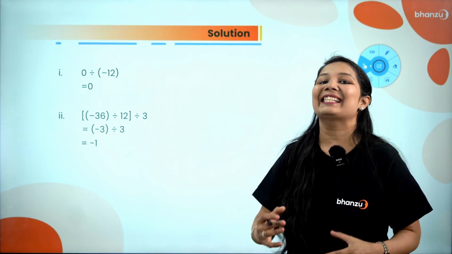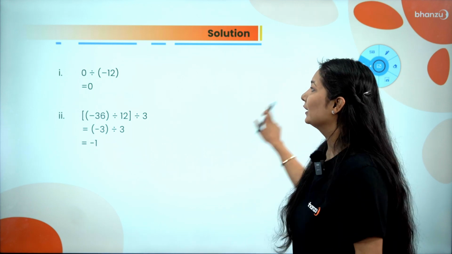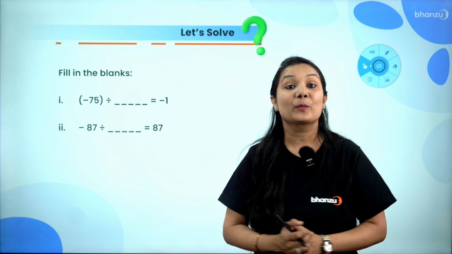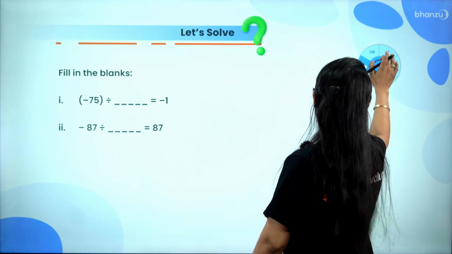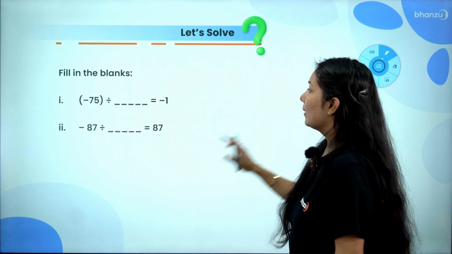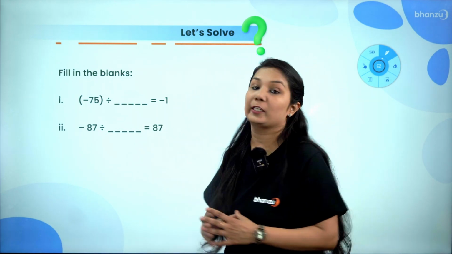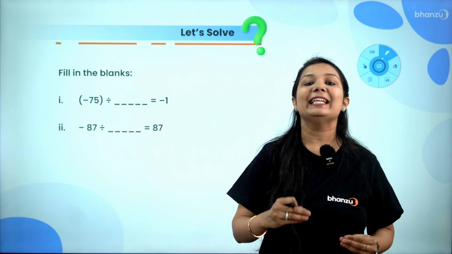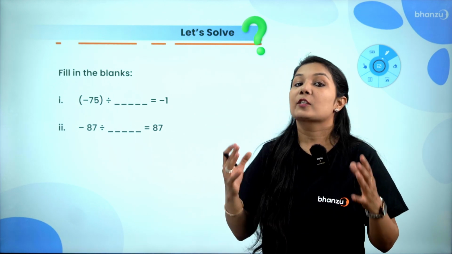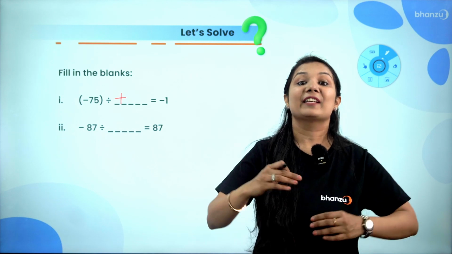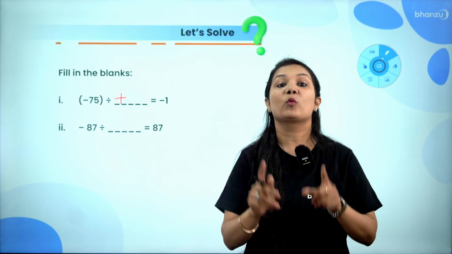Let's see our next question for practice. Let's solve these fill in the blanks based on division. We have -75 divided by which integer would give me -1? If we need a negative integer, we should have a positive integer in the division. And 75 divided by which number would give me 1?